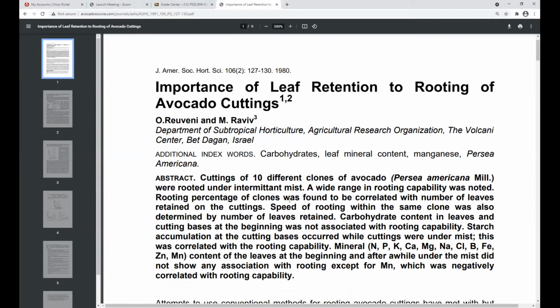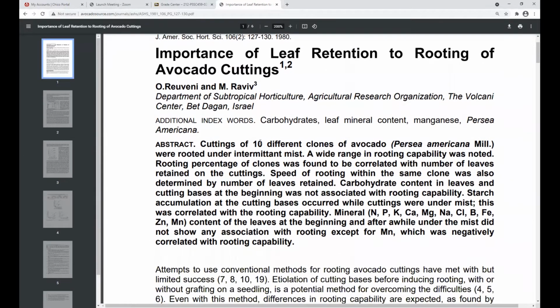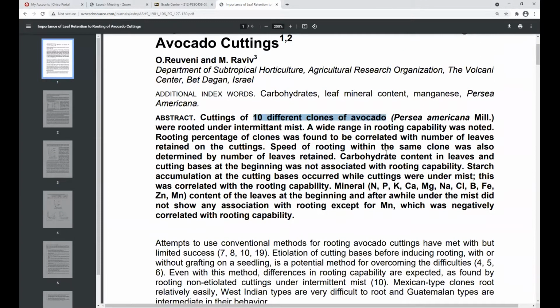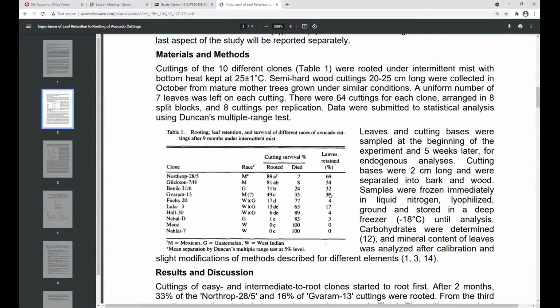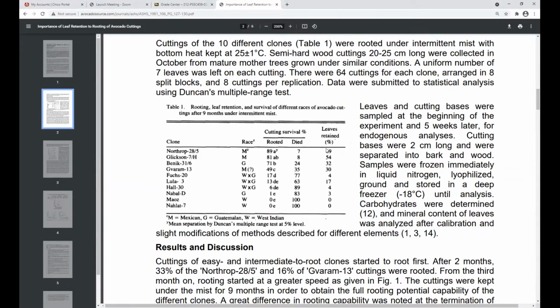We see in this particular study that there are 10 different varieties, or 10 different clones, of avocado that were rooted in a nice traditional rooting system, but their study had a little bit of a different way of going about it. It looked at the percentage of leaves that they kept on each of those stem cuttings, ranging from about 70% of leaves retained down to about 0%.